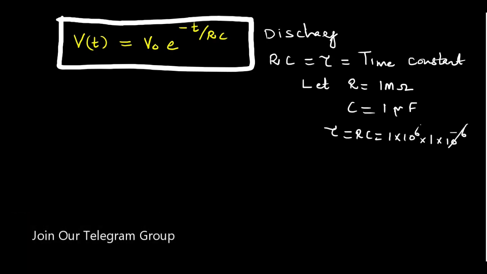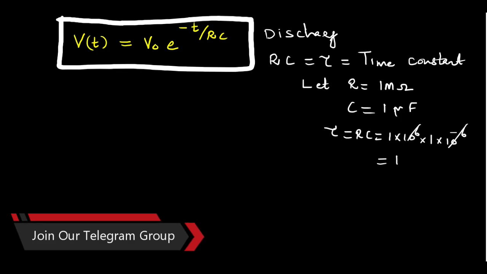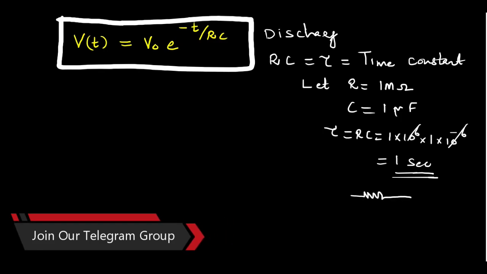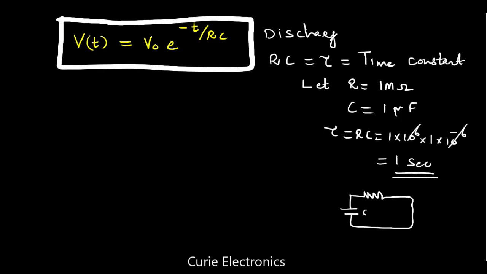So this is cancelled, we will get 1 second. So 1 second is the time constant of the RC circuit. RC circuit means we have a resistor and a capacitor in series. So we got 1 second as the time constant if resistance equals 1 mega ohm and capacitance equals 1 microfarad.